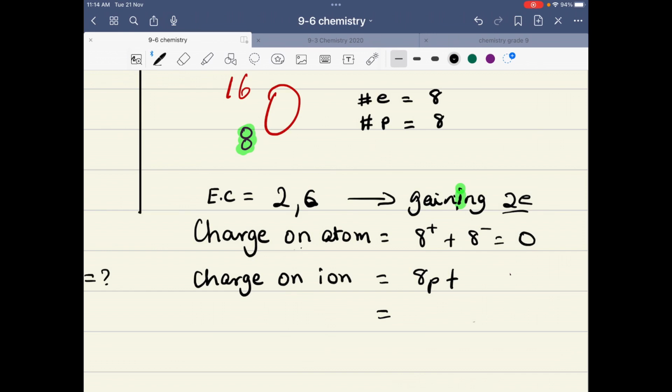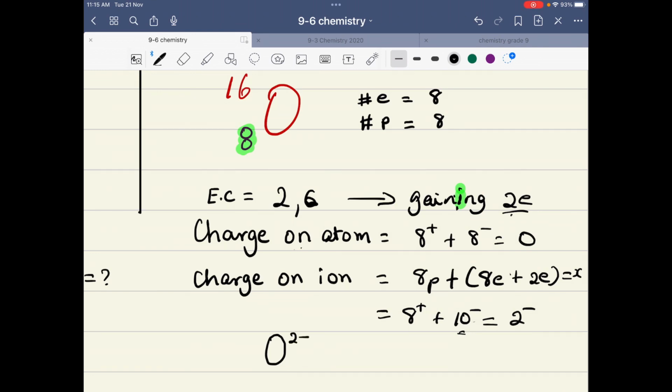For the ion, you have 8 protons plus 8 electrons, plus you're going to add 2 more electrons, which equals X. In terms of charges, you have 8 positive plus 10 negative, which equals an overall charge of 2 minus. So there is more negative. The charge on the oxygen ion, which is called oxide, is 2 minus.